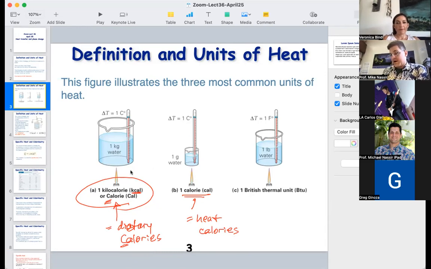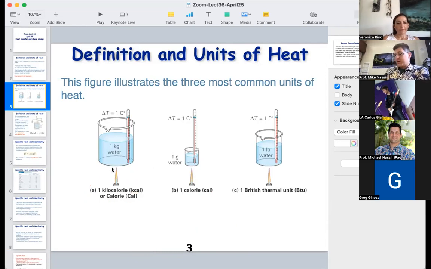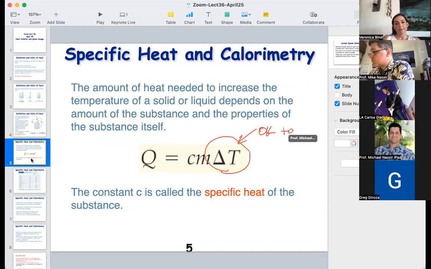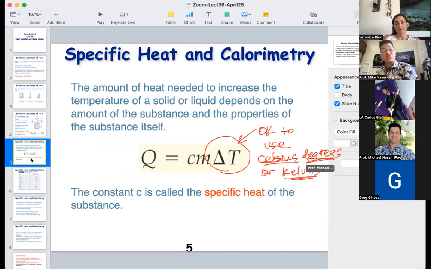My second comment is about the specific heat formula on slide 5. Whenever you see a delta T, it's okay to use either Celsius or Kelvin, because both of those are centigrade scales.